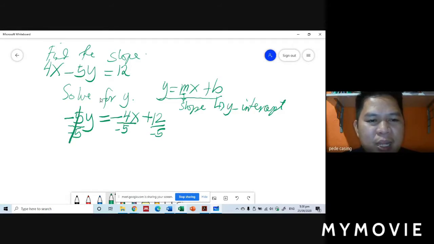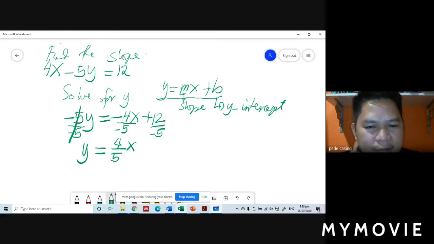Negative divided by negative is positive. 5 divided by 5 is positive 1. Therefore, the remaining answer here is y, which is equal to negative divided by negative, that is positive. Automatically, it will be crossed out. So the remaining here is 4 over 5x.